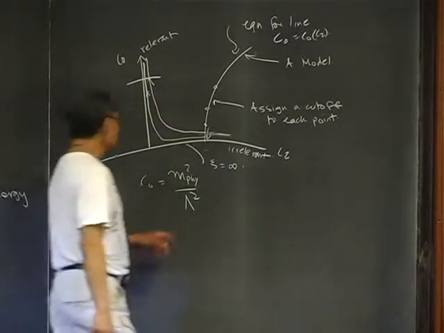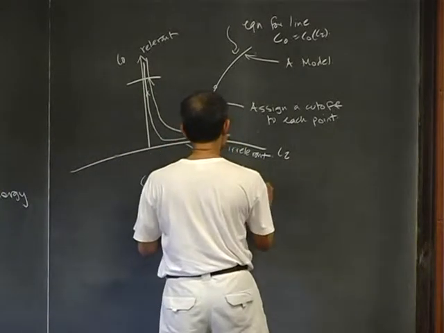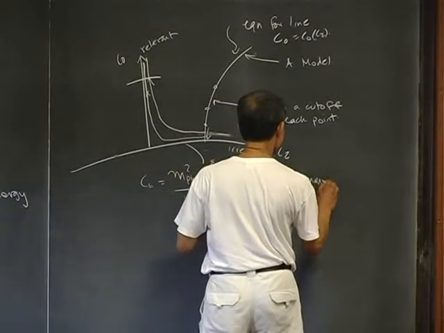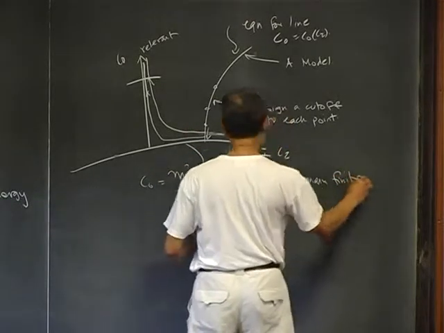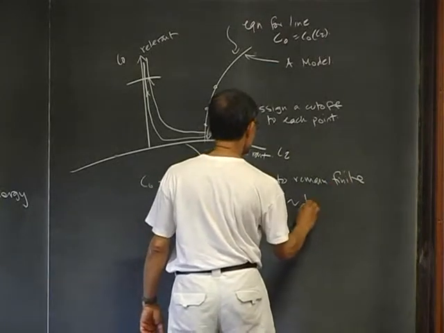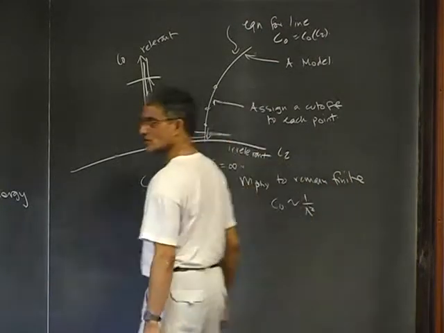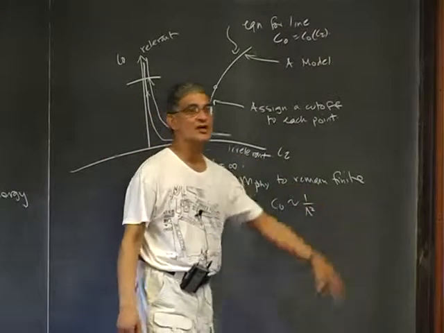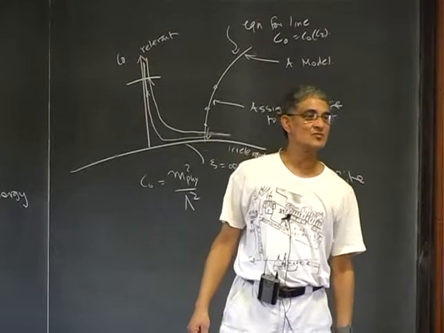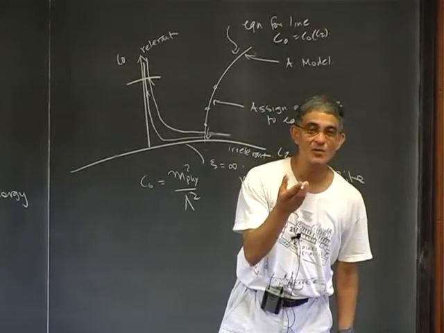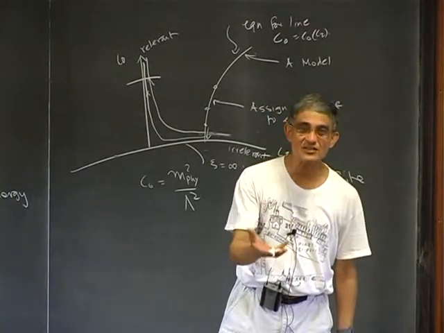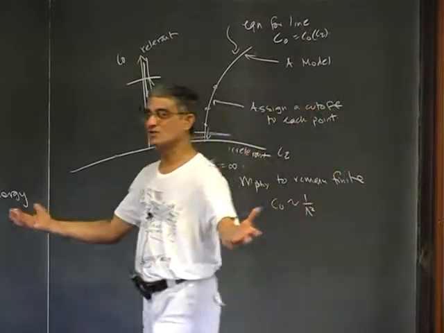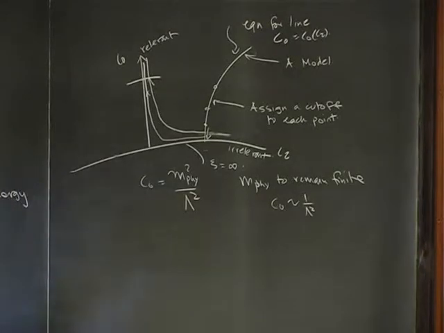So that means that for m physical to remain finite, I must have C0 go as 1 upon lambda square, which therefore means that the entire critical surface should correspond to a length scale where the momentum space cutoff has been taken to infinity, the position space cutoff has been taken to 0, and I can approximate the whole theory by a continuous field theory.